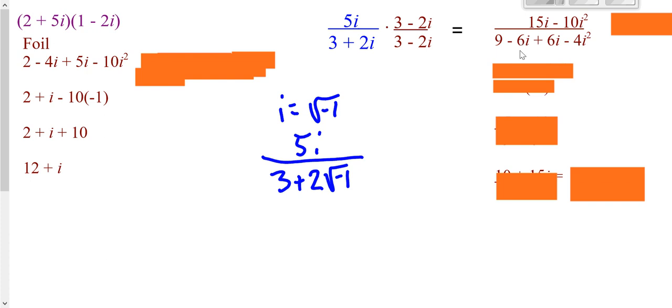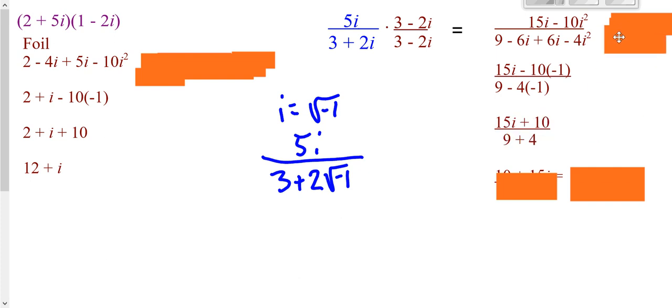So as we look here, this negative 6i and positive 6i in the bottom, they cancel. So on the bottom we have a 9, and then minus 4 times i squared, which is negative 1. On the top we also have an i squared, so we could replace that with negative 1. So on the top we really get this. On the bottom we really get this.